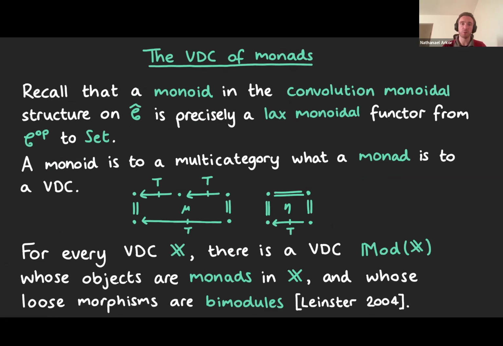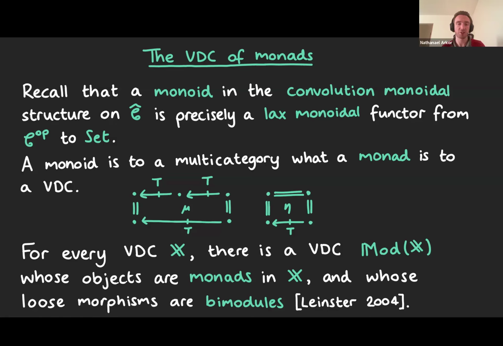Now, for the final example, we need one more definition. Recall that I mentioned one of the applications of multi-categories to convolution was we can view lax monoidal functors as monoids in this convolution monoidal structure in a very simple way. Now, a monoid is to a multi-category as a monad is to a virtual double category.